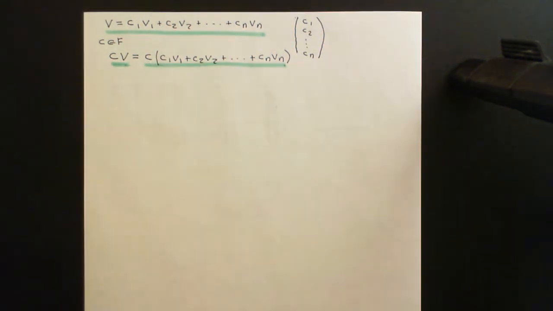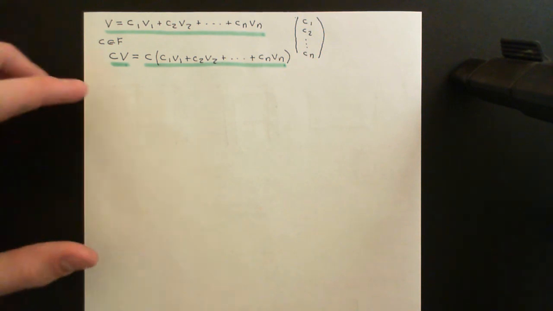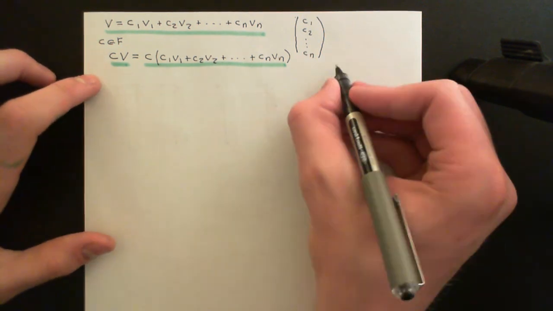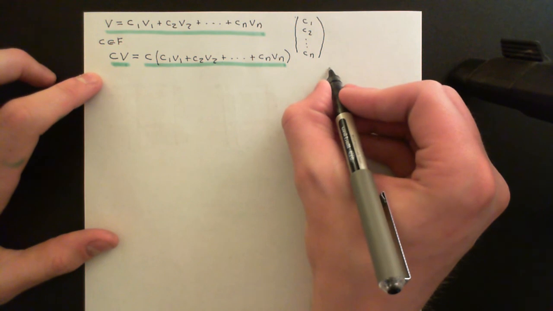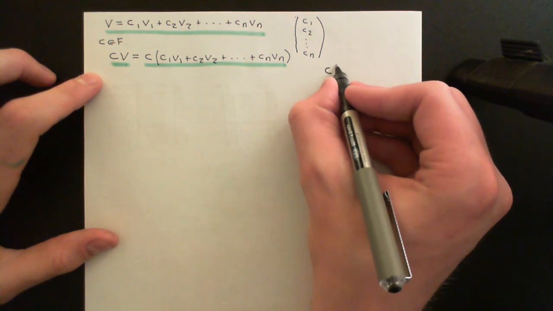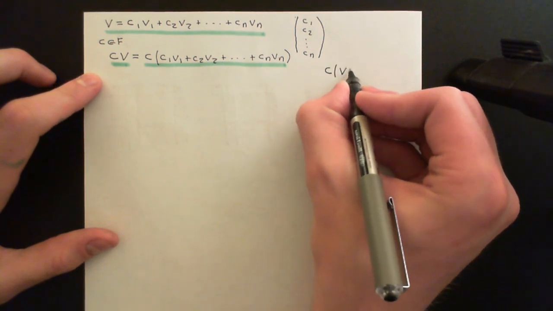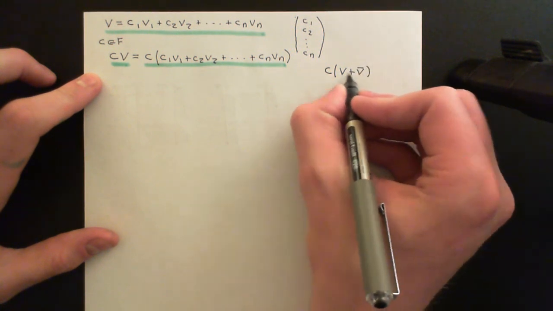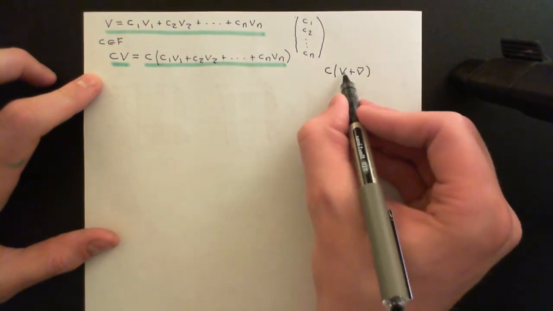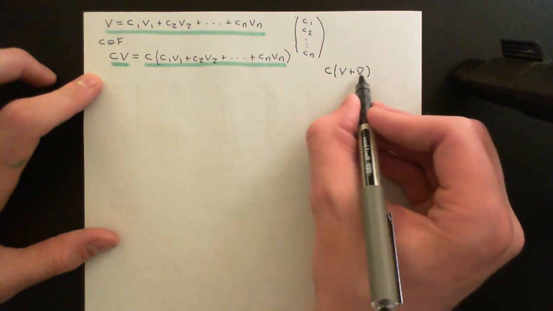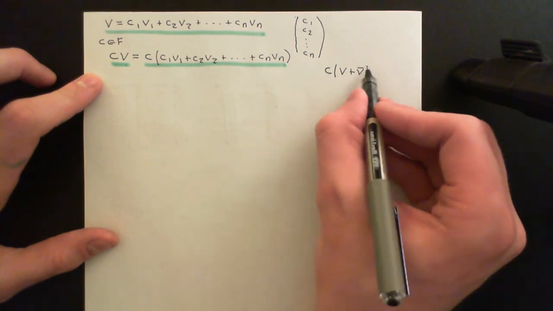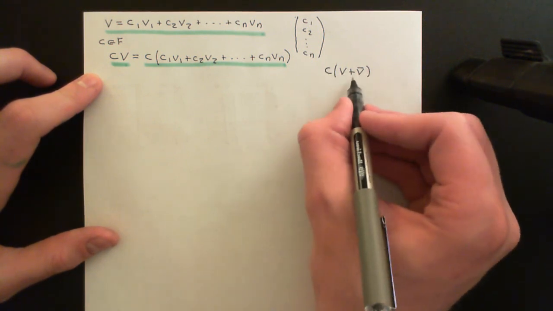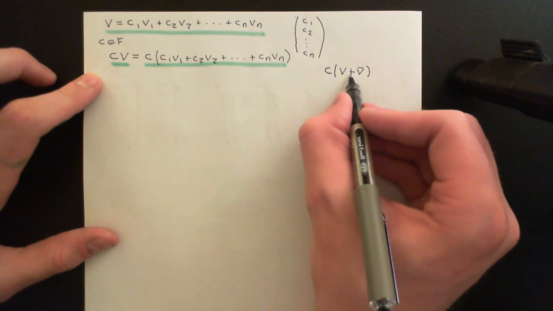Now what we're going to do is use another distributive law that we insist scalar multiplication must obey. Another axiom that we insist scalar multiplication must obey is that if you have an element of the field c scalar multiplying two vectors v plus v bar, so two vectors added together, what you're doing here is firstly adding the vectors together in the vector space, and then taking the answer, which is another vector in the vector space, and scalar multiplying it by c.